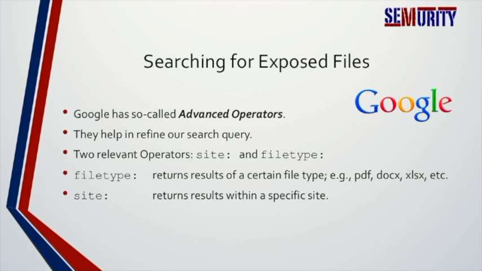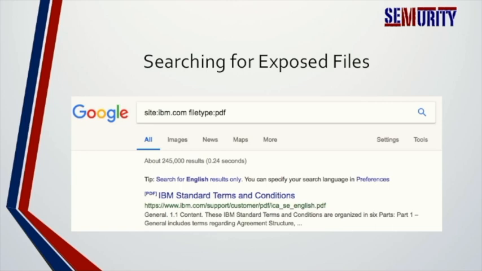Or you can specify docx, which is the newer version of Microsoft Word documents, or Excel sheets, or text, or images, or MPEG files. Whatever file type you specify, Google will return only that file type. Let us look at this example and see how Google retrieves data for us.